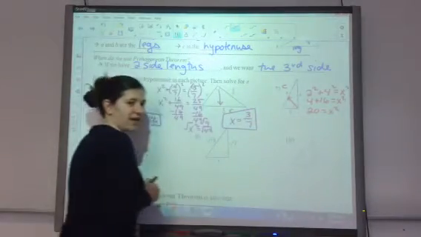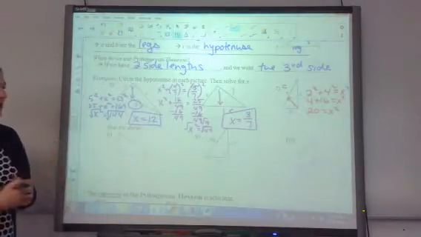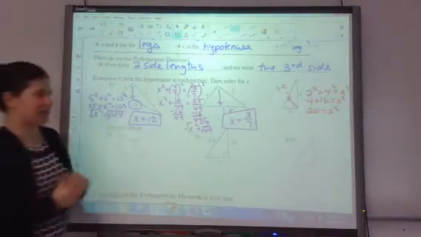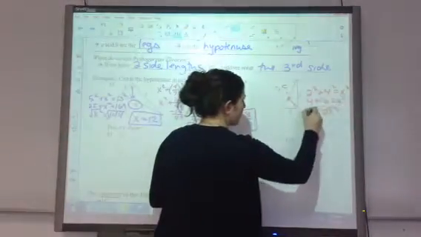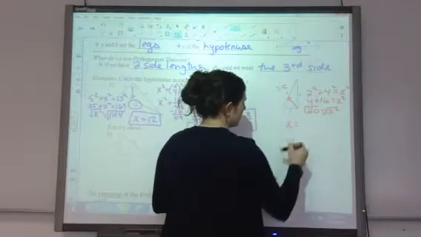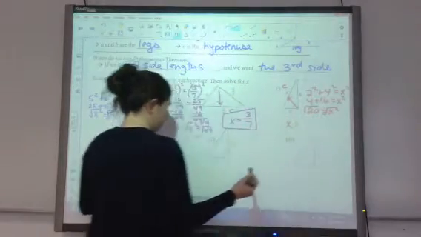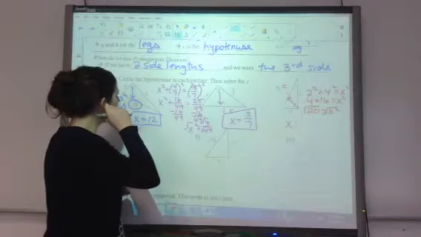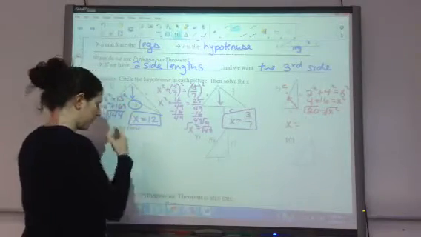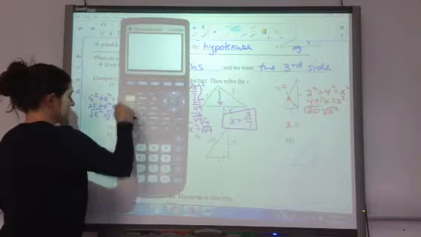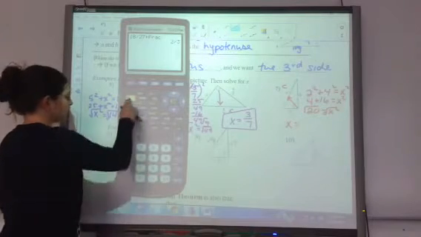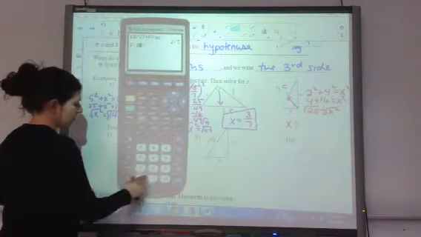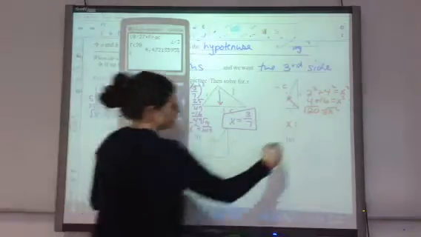And just like before, I didn't have to subtract anything though, because my x was already by itself. I'm going to take the square root of both sides. So x is the square root of 20, which is 4 point, I'm not sure, let's see. Square root of 20. It's 4.5.